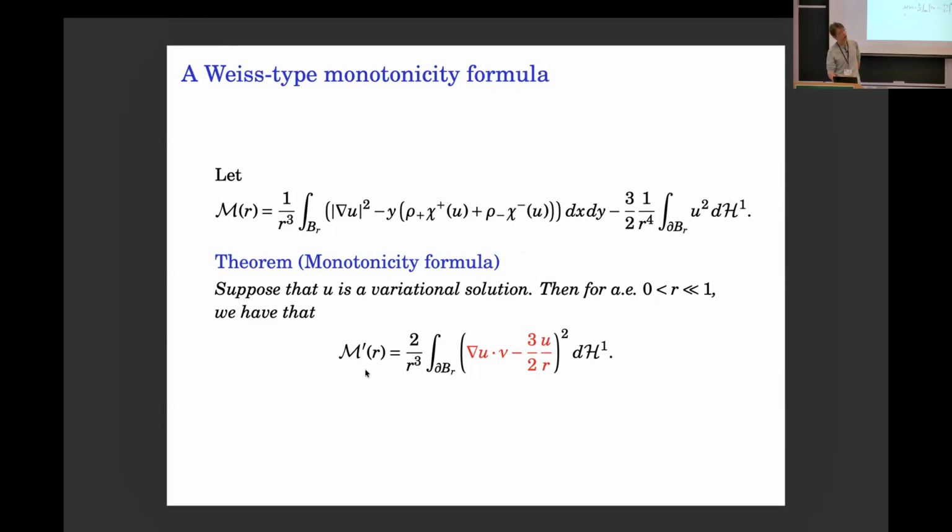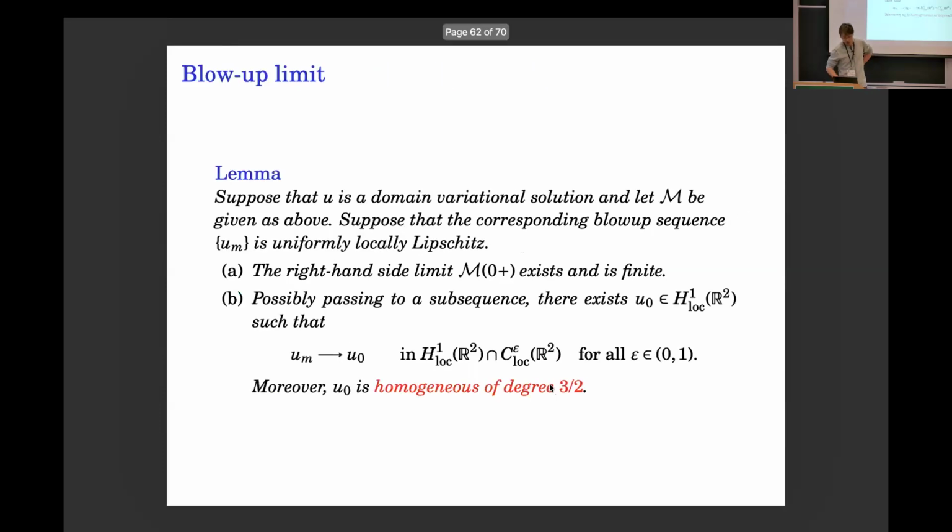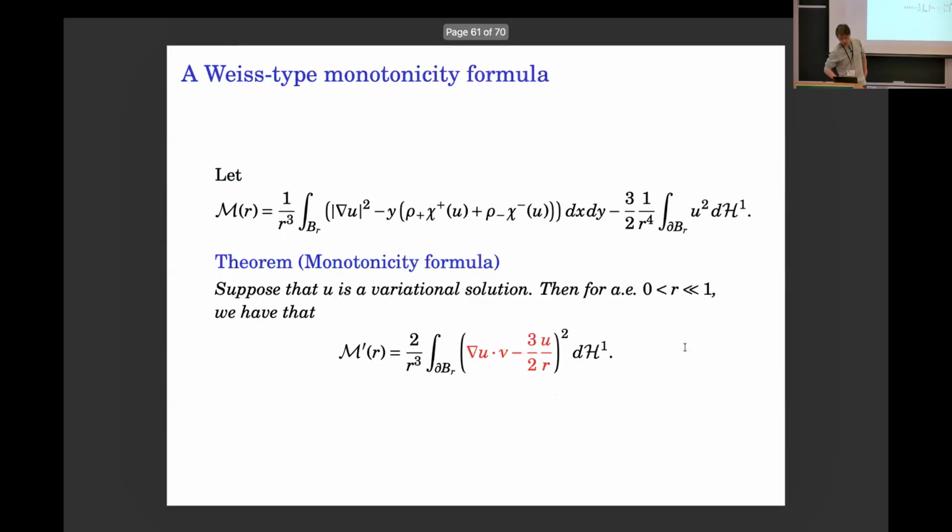Direct computation shows that this M is monotone, the derivative has a sign. I forgot to mention this 3/2 is important. It tells you the degree of the homogeneity of the gradient.